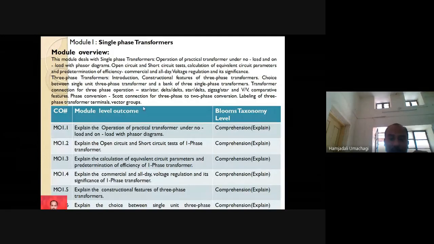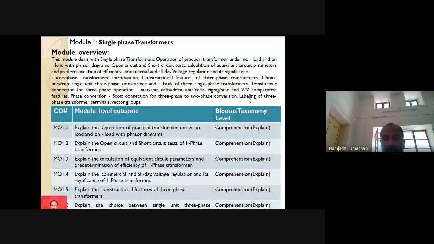So if you are purchasing a transformer, then in that data sheet they give some labeling. Labeling means if primary connections are there, what type of labeling you should do, how you have to name it. Capital letter for primary side, small letter for secondary side. All those kinds of labeling you are going to study in labeling of three phase transformer.